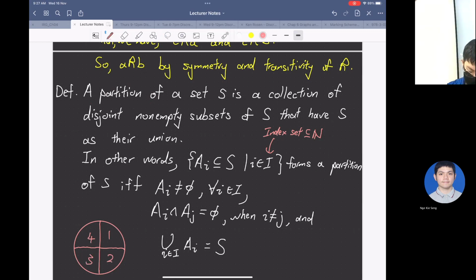So if you partition into A1, A2, A3, A4, there is no intersection, and the union of them is the original set.